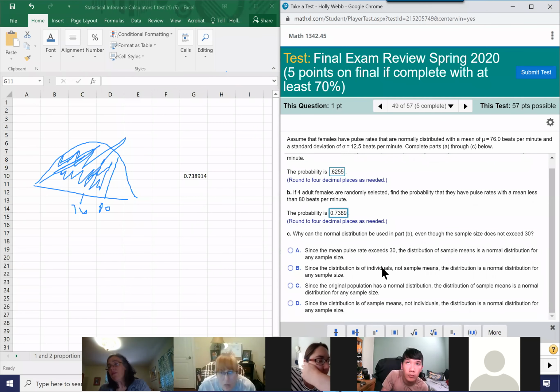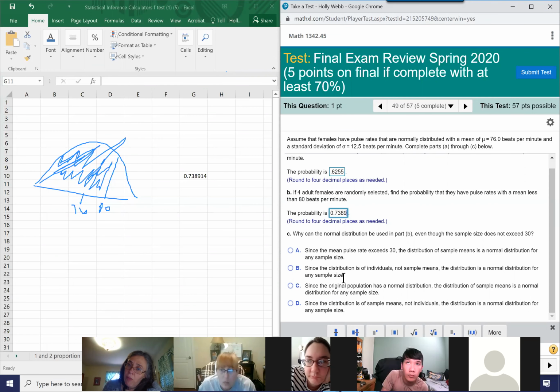Now, the central limit theorem also says that this will work as long as your sample size is greater than 30, or your sample is from a normally distributed population. In this case, our sample size is not greater than 30. Our sample size is just 4. But it does say here to assume females have pulse rates that are normally distributed.